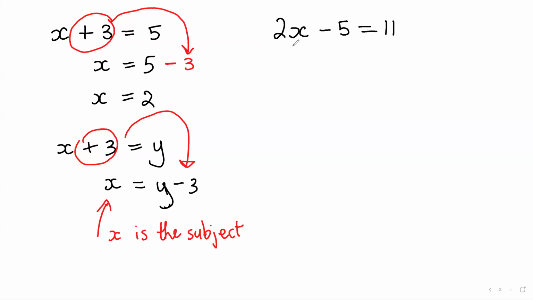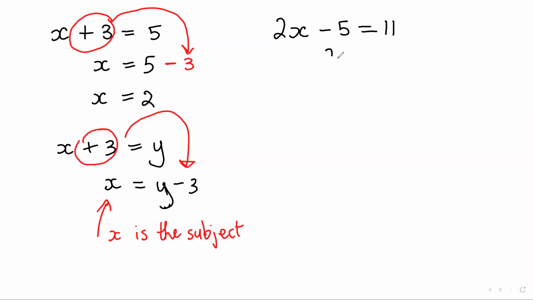To make x the subject is the same as solving for x, right? So the first thing I would do is transpose minus 5 from the left-hand side to the right-hand side because I want x by itself. Moving minus 5 to the other side gets me one step closer to getting x by itself.